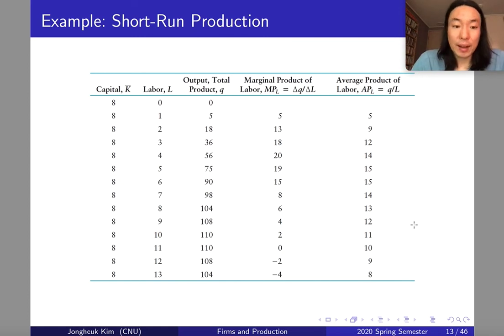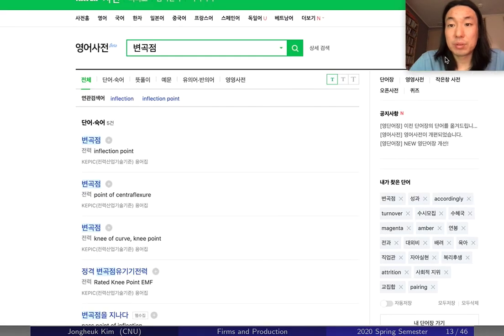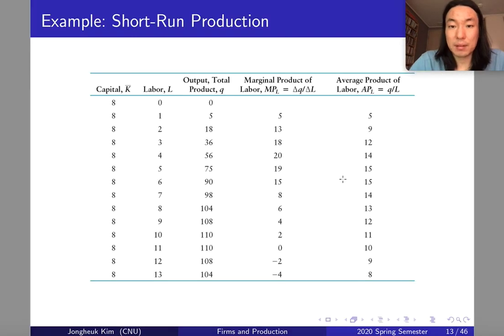It means that you're hiring too many people, so you are not efficient anymore because your marginal product is negative, which means that as you hire one more unit of labor, the marginal product from that additional unit of labor is decreasing right now. Oops, sorry, my bad. Right? So, do you understand that?